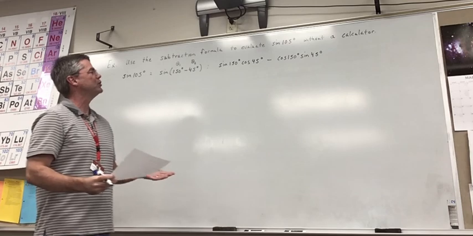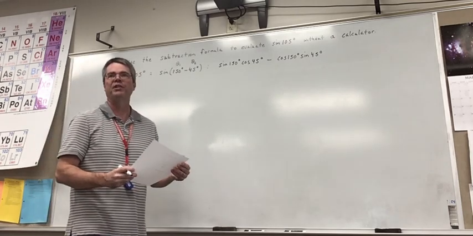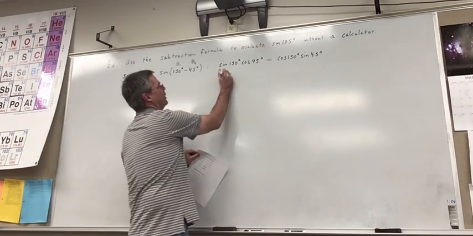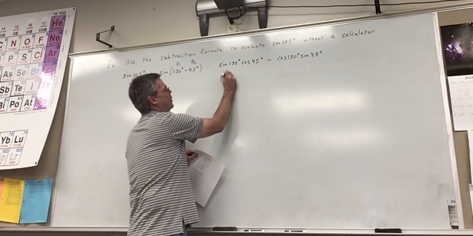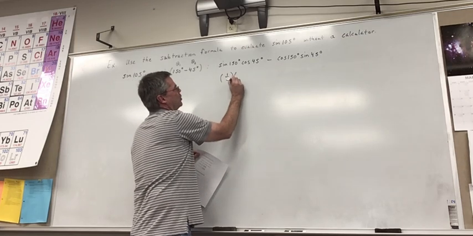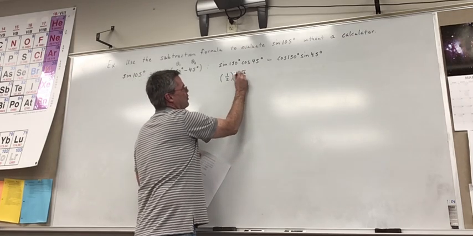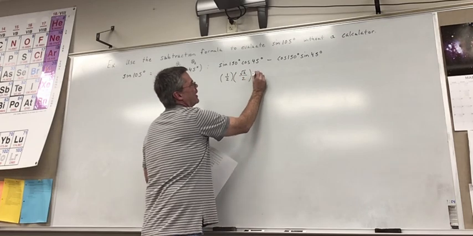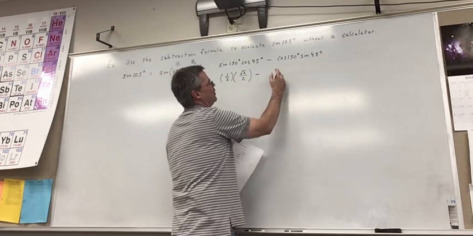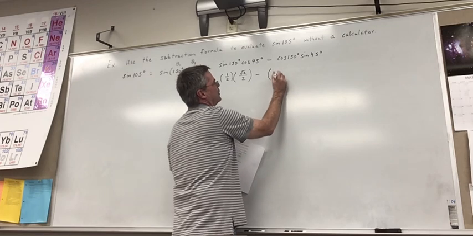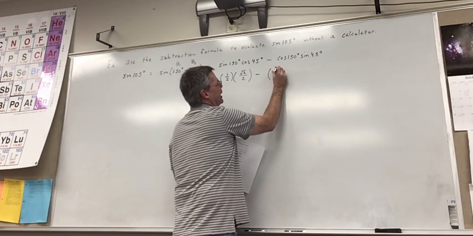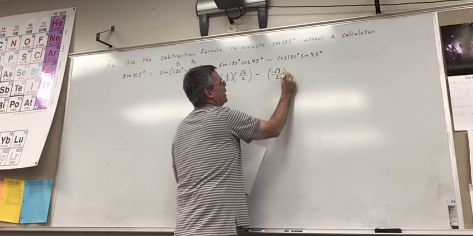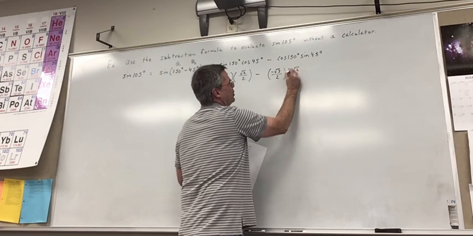Okay, so on the unit circle, tell me what the sine of 150 degrees is. Okay, 1/2. And then cosine of 45 is root 2 over 2. What is the cosine of 150 degrees? Negative root 3 over 2, and then times root 2 over 2.